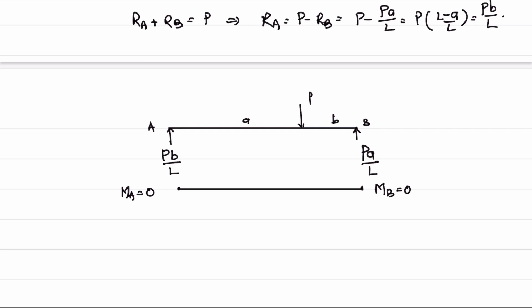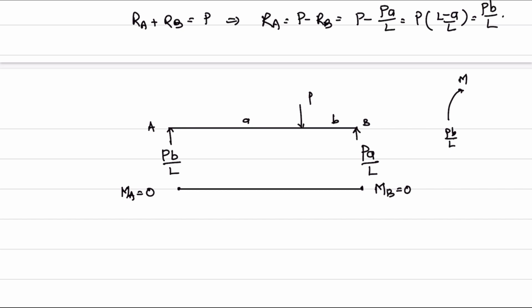This bending moment will be, from the left hand side, PB by L in the clockwise direction, because of the reaction. It goes up to P. Then what will be the bending moment diagram?